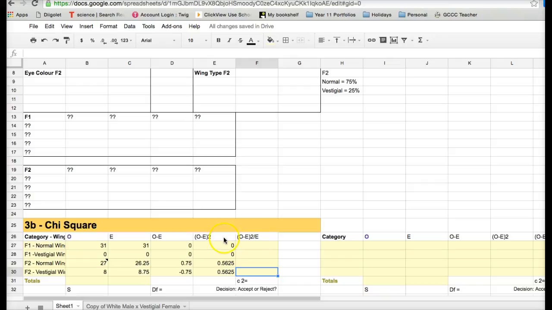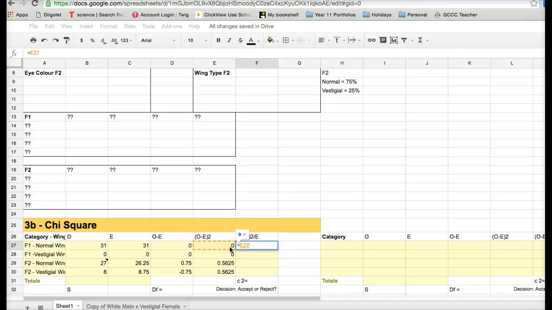Then I have to divide that column by that column. So again, I just go equals this column, which is observed minus expected squared, divided by my expected.